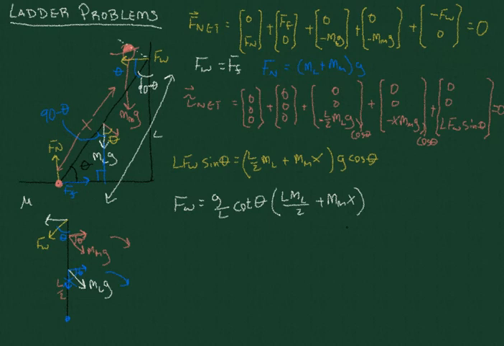What we actually wanted, though, if you remember, is we wanted to find the angle theta, to find out how steep we can make this ladder so that the man doesn't slip if he goes up some distance x. And so if we wanted to do that, well, we know that the force on the wall is also equal to the frictional force, which is equal to the coefficient of friction, mu, times the mass of the ladder plus the mass of the man, times g.